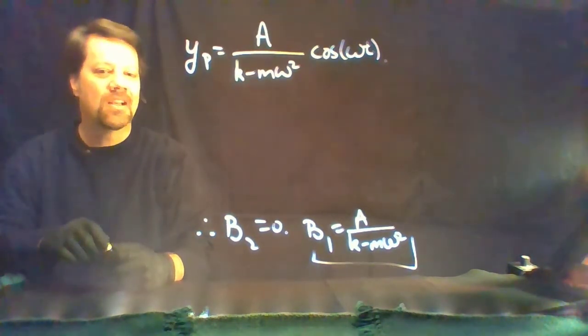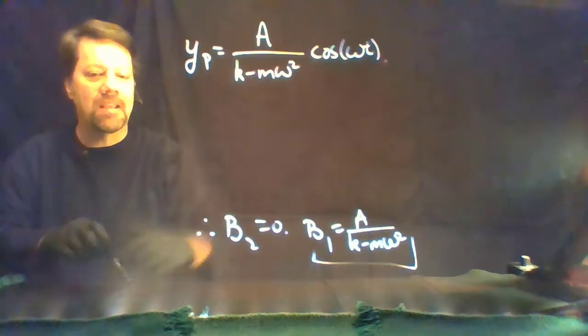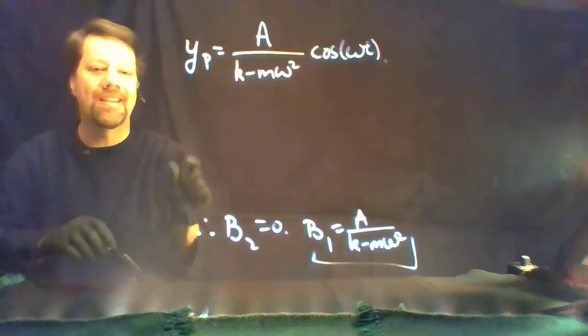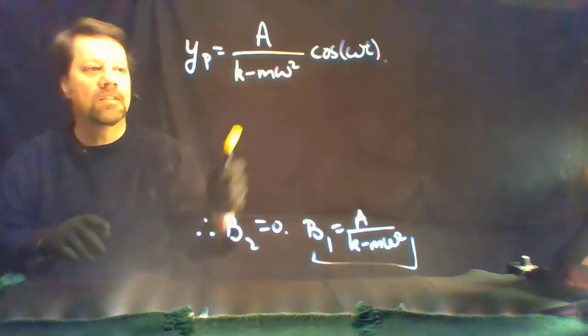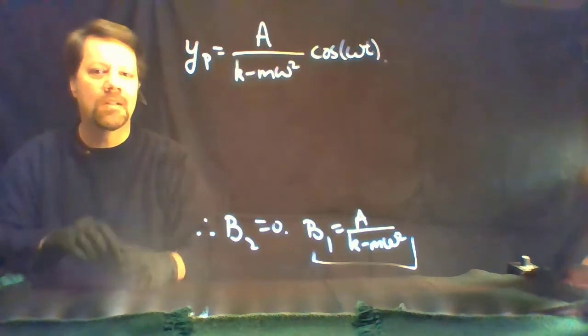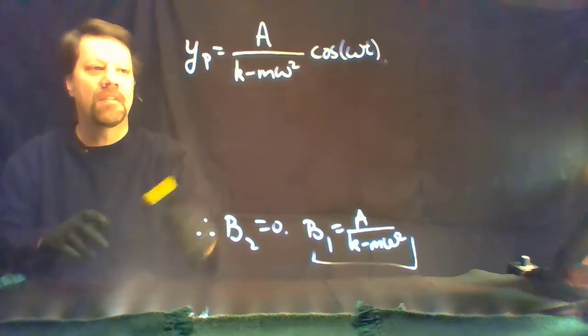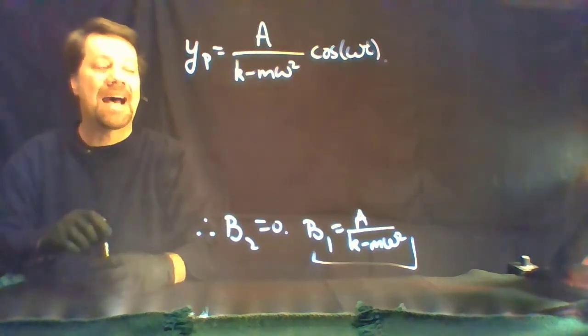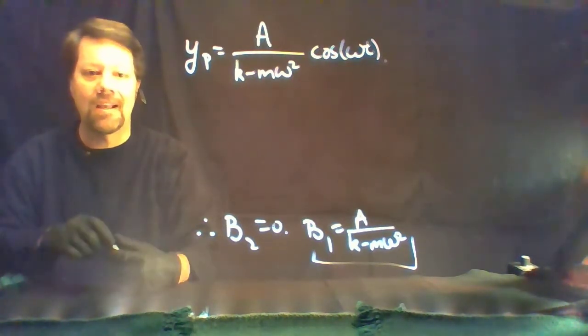In other words, the closer the frequency of the external forcing function is to the natural frequency of the oscillator, the larger those amplitudes are. This makes us wonder, what happens if this denominator is exactly 0? Clearly, this will not be a solution because it's not defined.